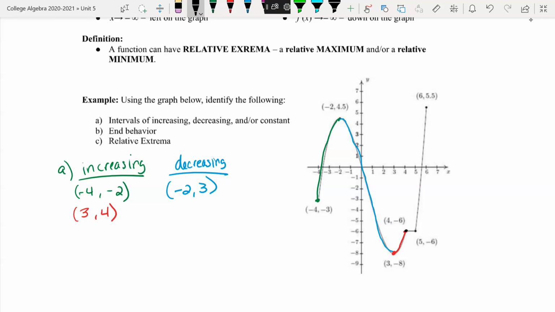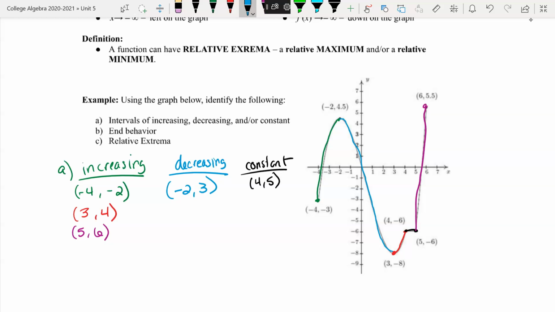And then from 4 to 5, notice it's a flat line. So we call that constant. So from 4 to 5, it is constant. And then lastly, as I keep reading from left to right, 5 to 6, that is increasing. Okay? So that's intervals of increasing, decreasing, or constant.